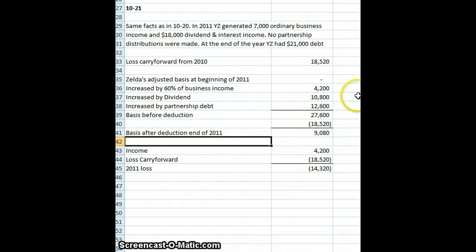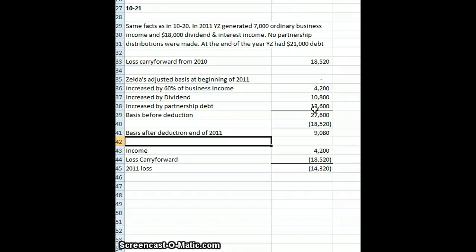So we started out with a basis of 0 with a loss carry forward of 18,520. We had increases of our portion of our business income, our dividends, and our partnership debt. Remember, debt increases our partnership basis. So our partnership basis is 27,600.